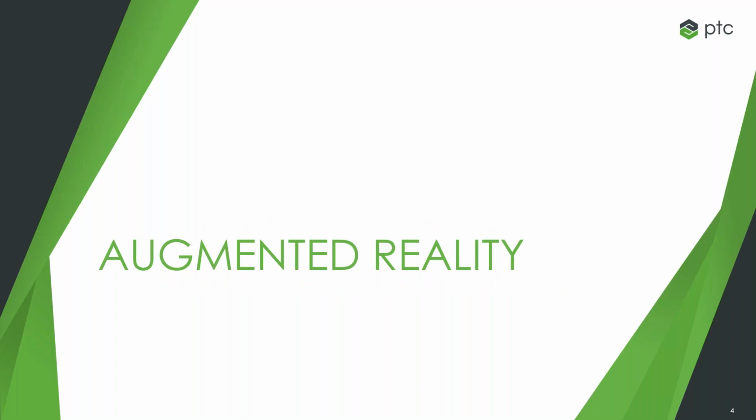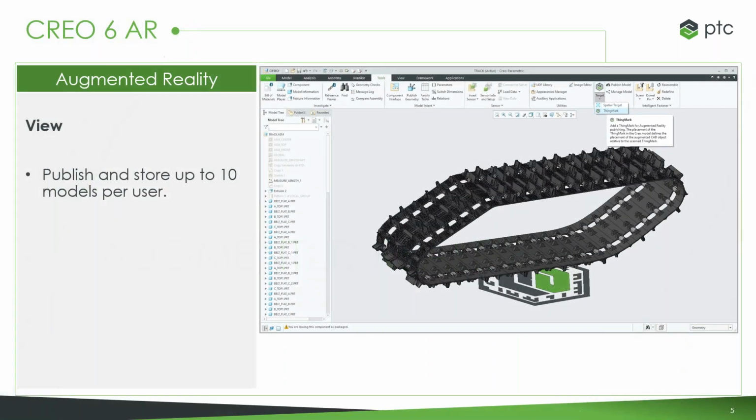First, let's start with a personal favorite of mine, augmented reality. This is something that we've been refining over the past couple of years, and with Creo 6.0, we've made it even easier to work with. This is something that's right out of the box with Creo, and something that we can utilize today. This begins with the ability to view our models. Now for each user, we can have up to 10 models that can be published and stored. What that does is we're able to pull up our models and view them as an augmented reality experience on whatever compatible device we're using.